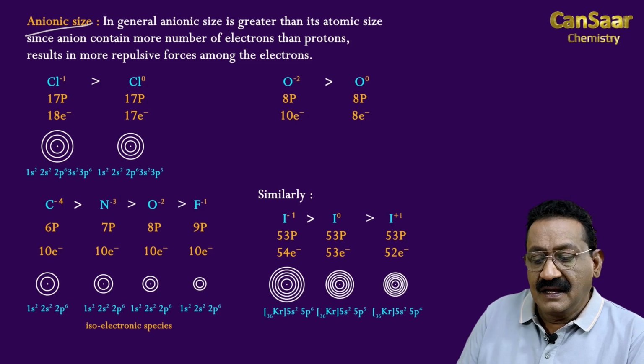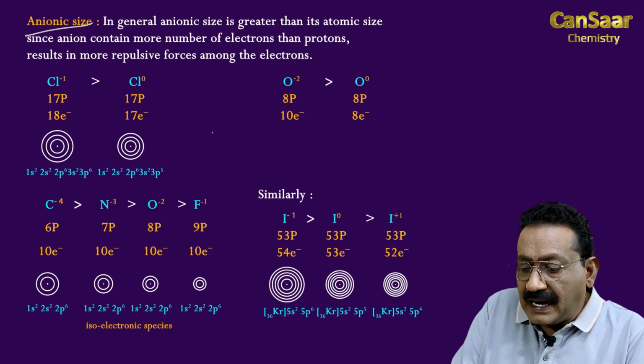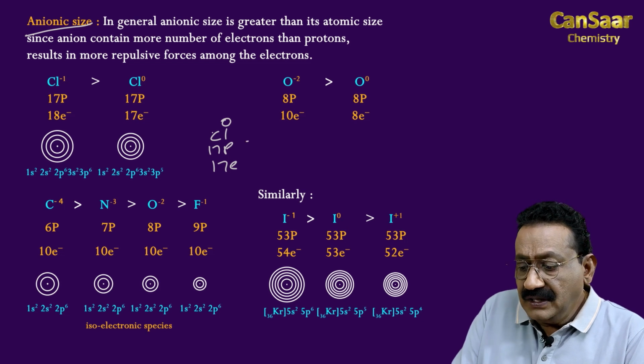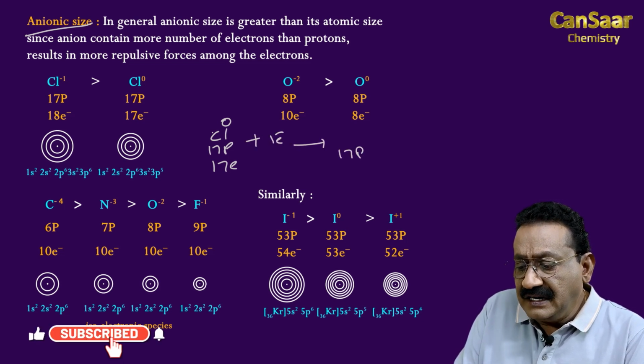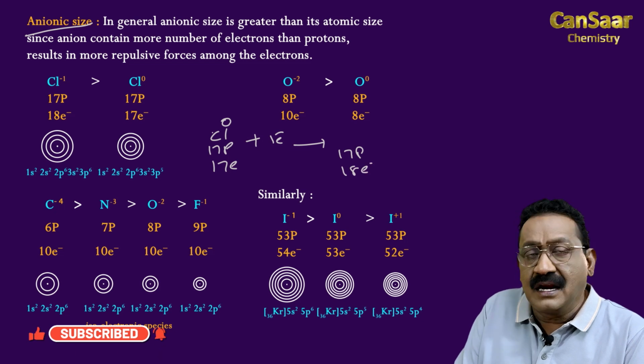Anionic size. For example, chlorine atom. It has 17 protons, 17 electrons. It is a neutral atom. Here, by accepting one electron, it becomes 17 protons, 18 electrons.